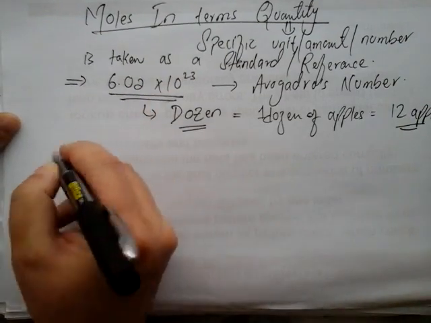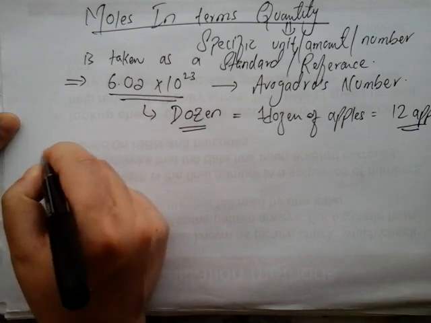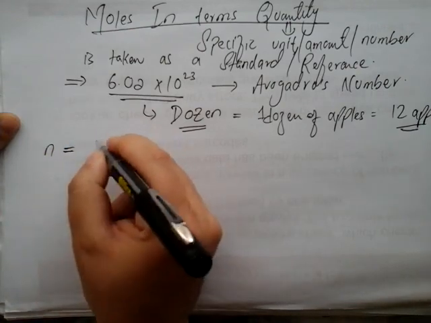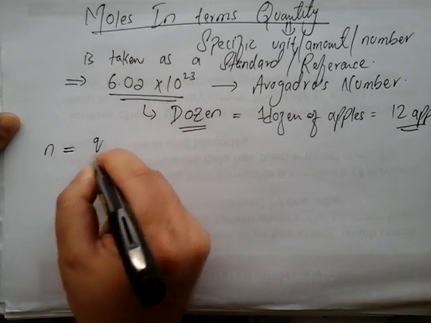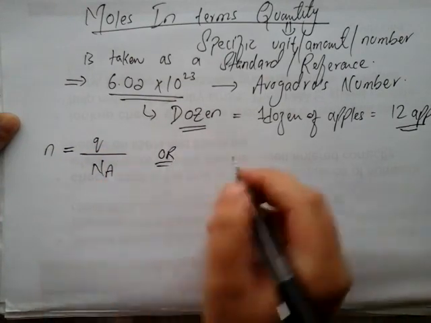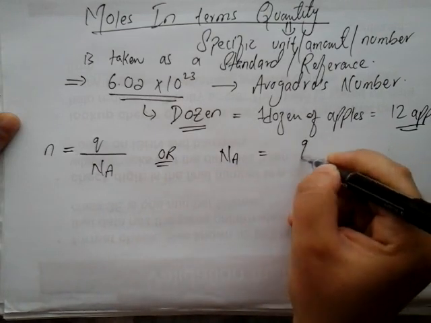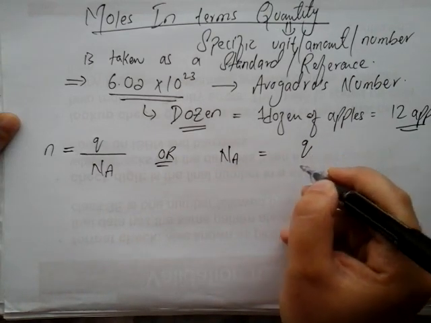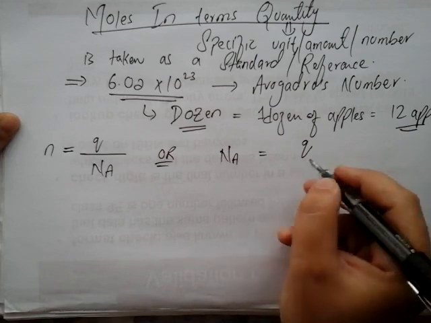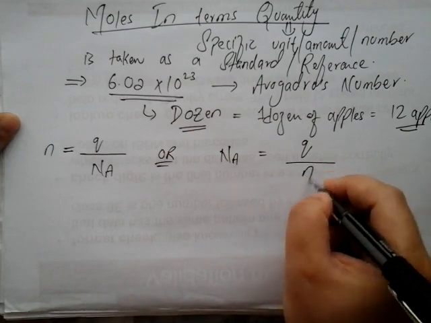Now, the formula for calculating is that number of moles is equal to any given quantity divided by Avogadro's number. Or Avogadro's number is equal to the quantity divided by n.